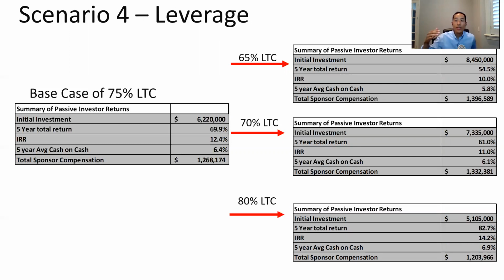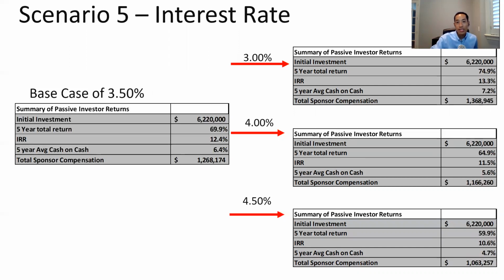So if your interest rate goes from 3.5 to 4 and your leverage gets cut from 75 to 70, that's where it's really going to hit you right here at that 61%, because it's going to hit you not only with the leverage, but it's also going to hit you with the interest rate. So it's really the combination of the leverage and interest rate that's going to drive down your returns, probably below 60 on the interest rate side.